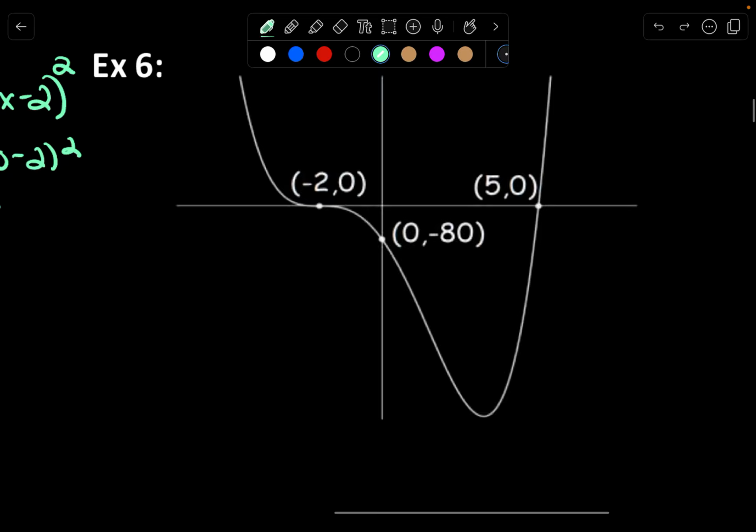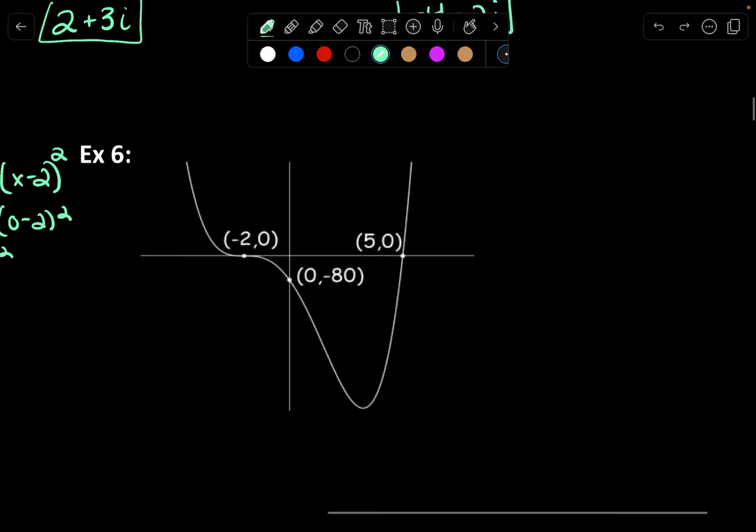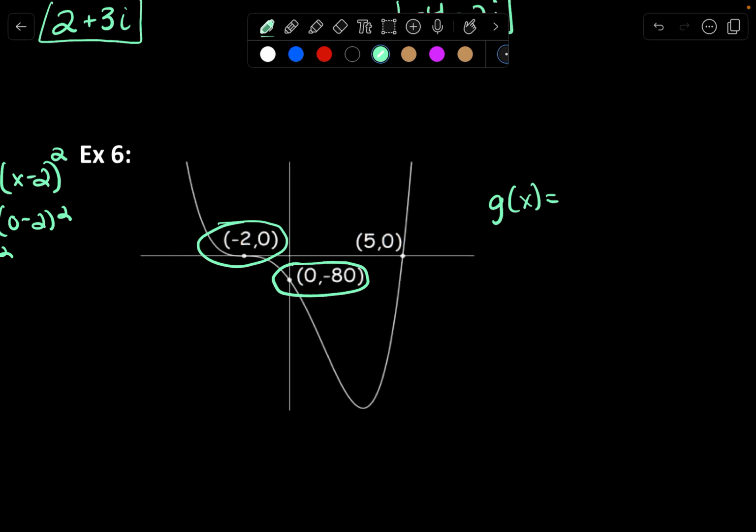All right, the next one will be the same approach. We have a polynomial with 2 x-intercepts and 1 y-intercept. We'll call this one g of x. I can see that I have a y-intercept, so I'm going to use that to figure out what the coefficient is. So I'm going to leave a little bit of space in the front. The first x-intercept is at -2, so I'm going to write a factor of x plus 2.